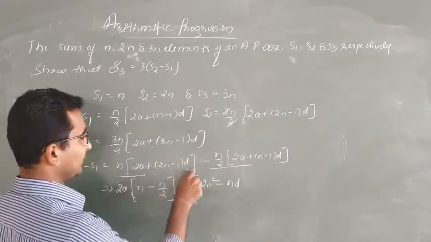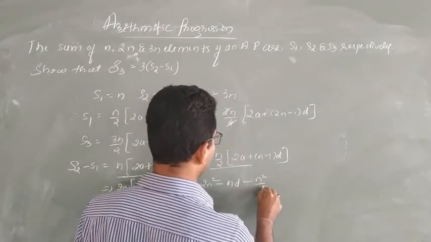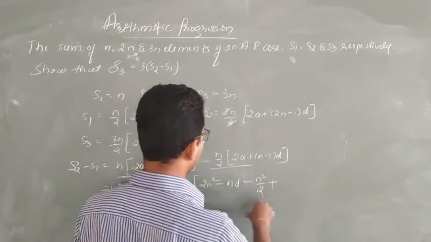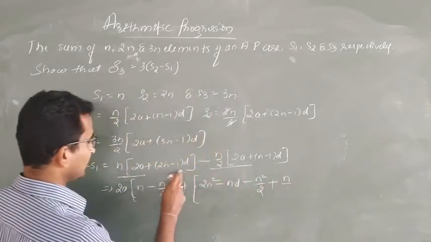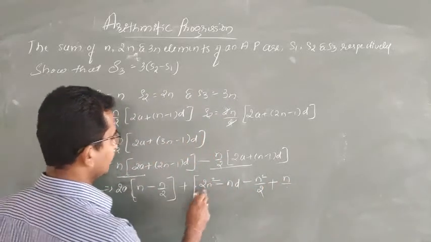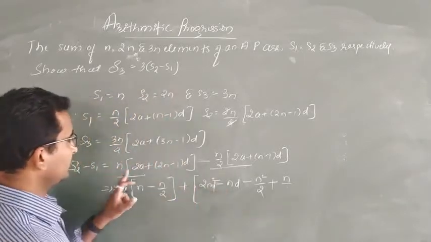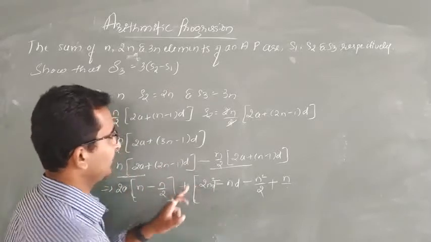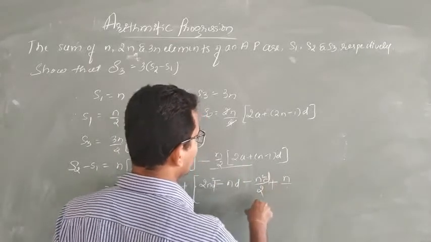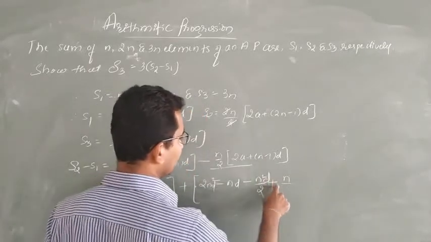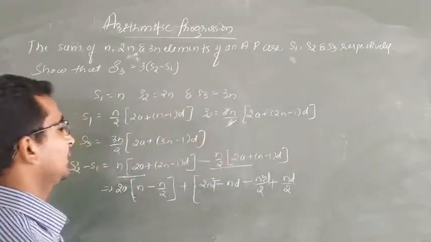Then minus n by 2 minus n square by 2 d, minus into minus is plus, n by 2 d.